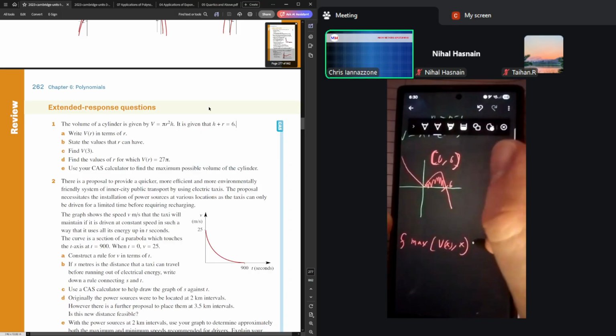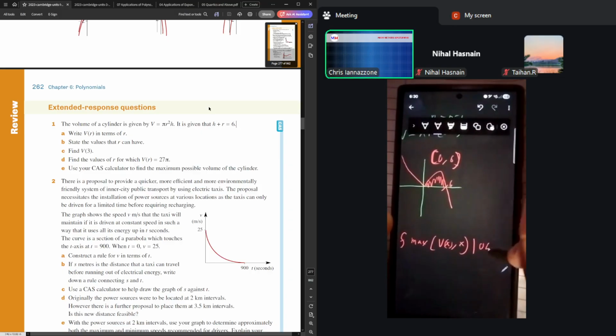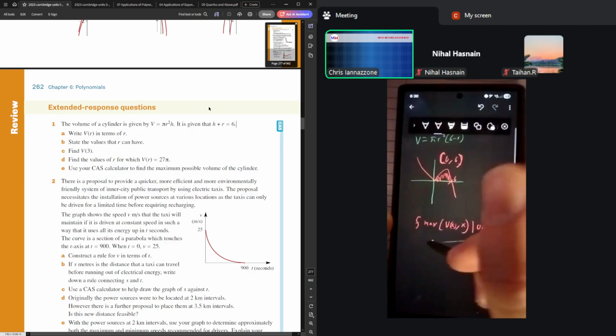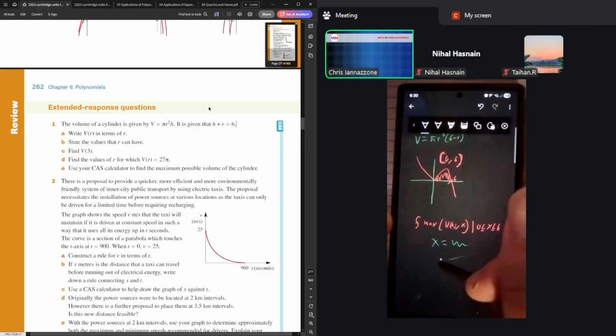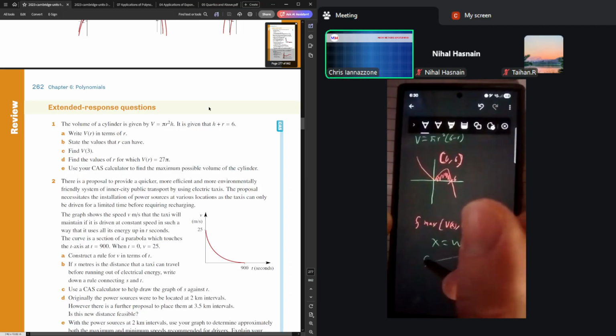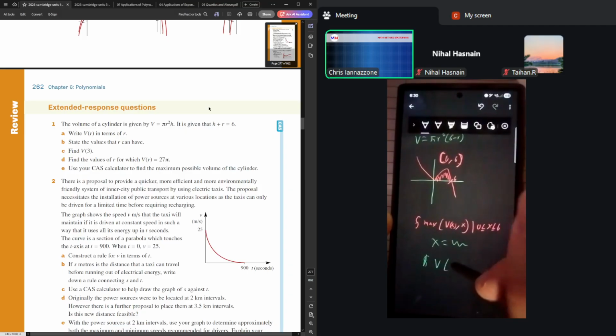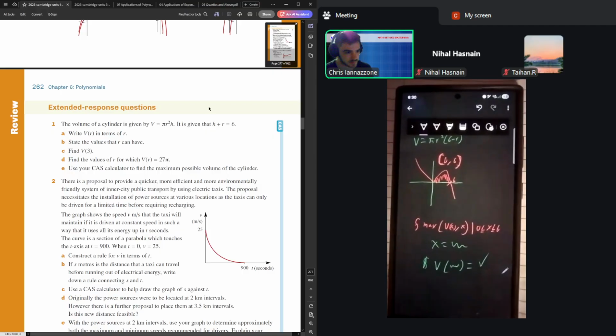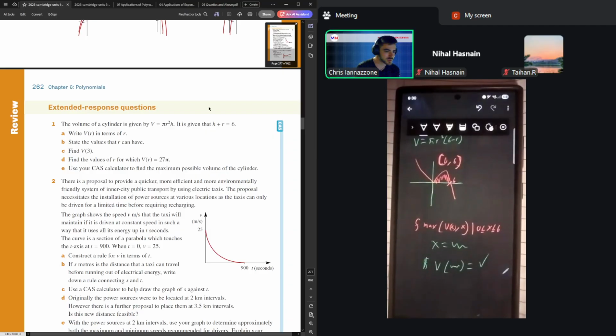And you would then put your domain of 0 less than or equal to x less than or equal to 6. That'll give you some x equals whatever. You shove that back into V of x, and that gets you your final answer, the maximum possible volume.